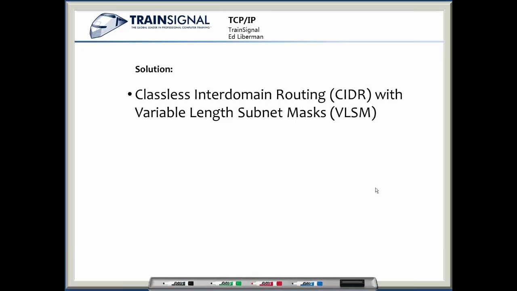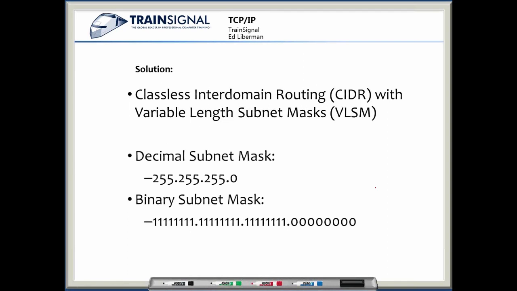Classless interdomain routing, variable length subnet mask is what's going to allow us to do better than just 65,000 or 250. Or really, I could say 17 million or 65,000 or 250. When using a decimal subnet mask, those were our choices, right?